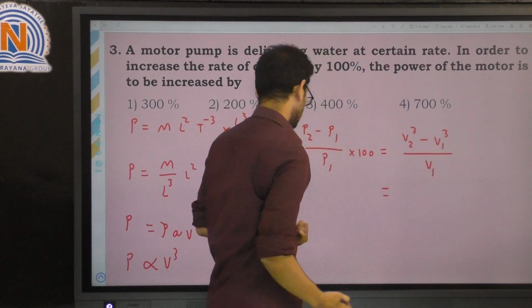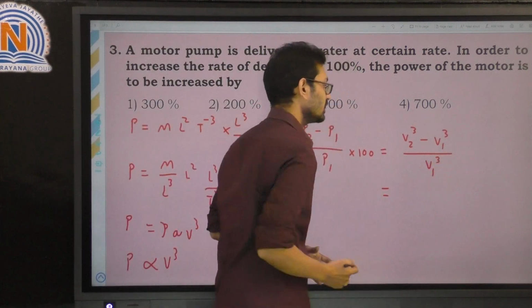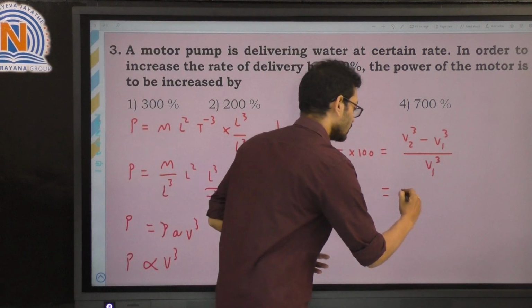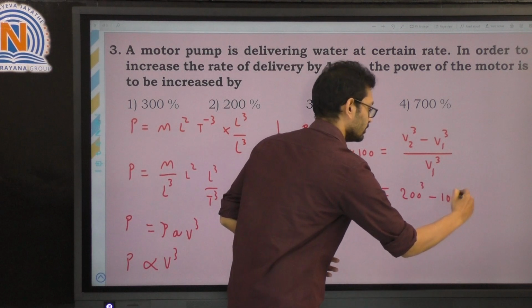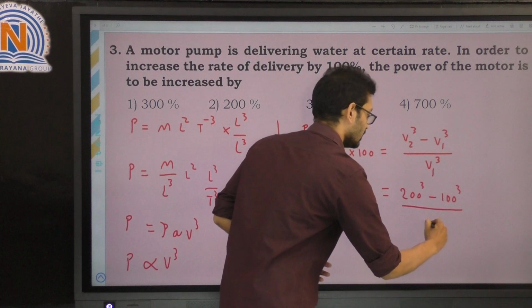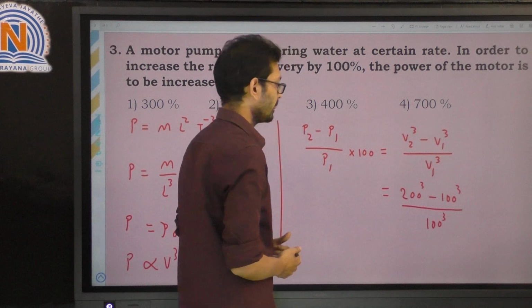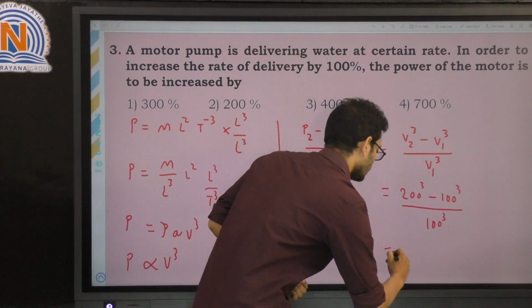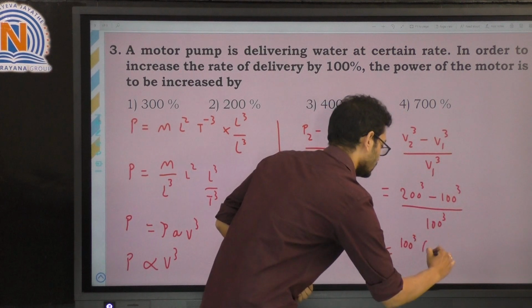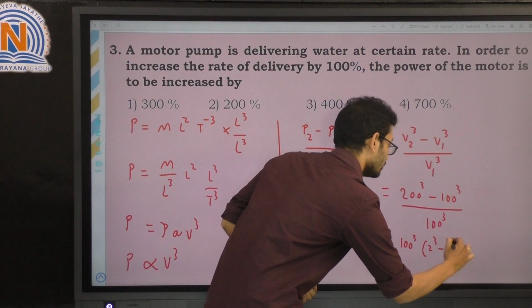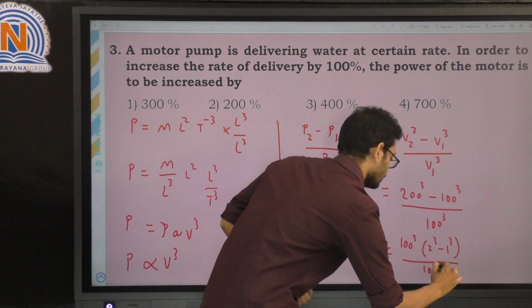They have given that it has increased by 100%, then how much is the power going to increase? Initially we take 100, and if it increases by one more 100, you will get 200 cube minus 100 cube by 100 cube. Now how much are you going to get? Take 100 cube as common, then you will get 2 cube minus 1 cube by 100 cube.